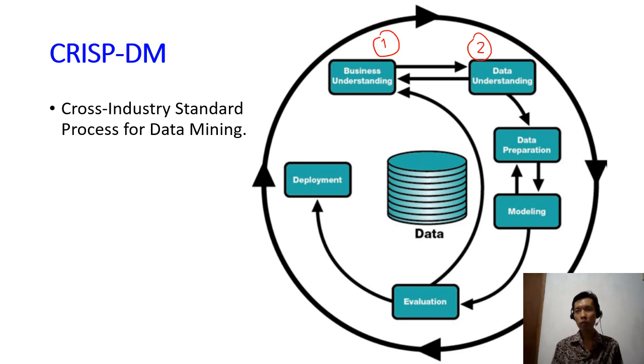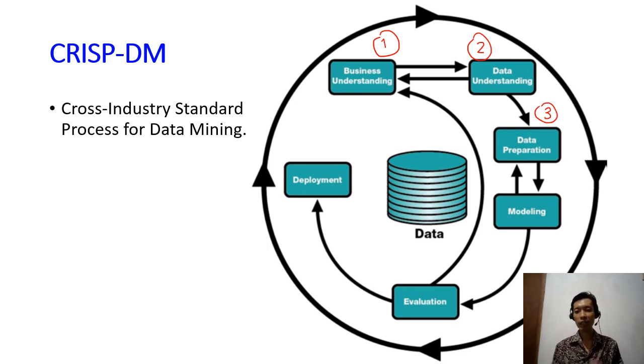And then once we know what data we have, we start doing the data preparation and cleaning. So we clean the data such that we have high quality data that is ready to be processed with the data mining models and algorithms.